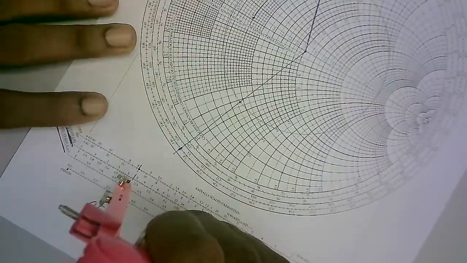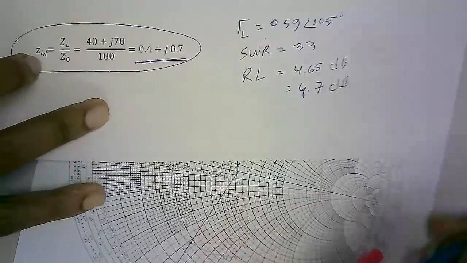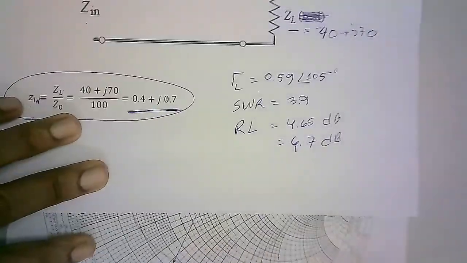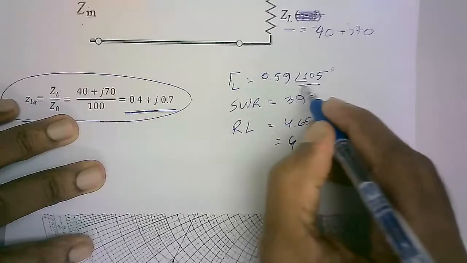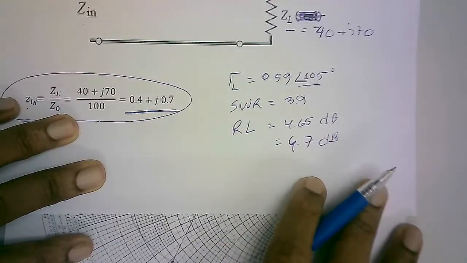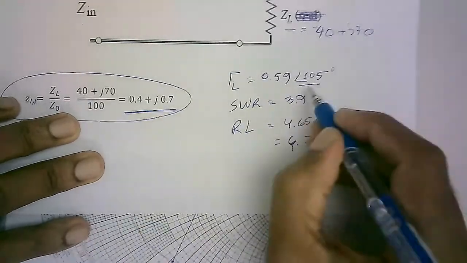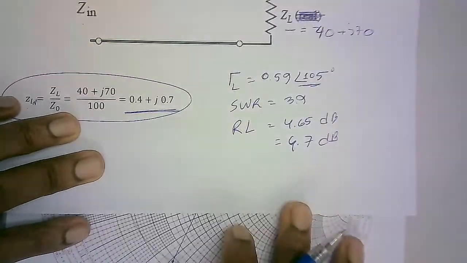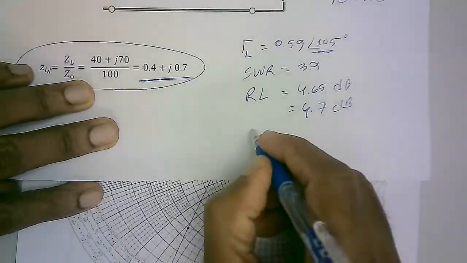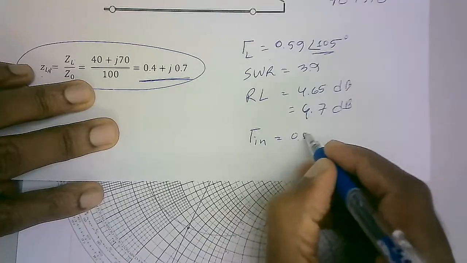But what changed? The change actually happened here. So it means that we need to find the angle only. We are here already, 0.59 we can write, but what will be the angle?